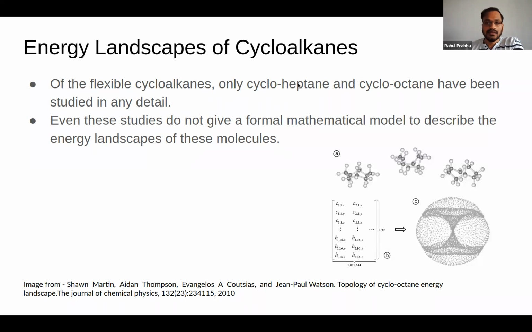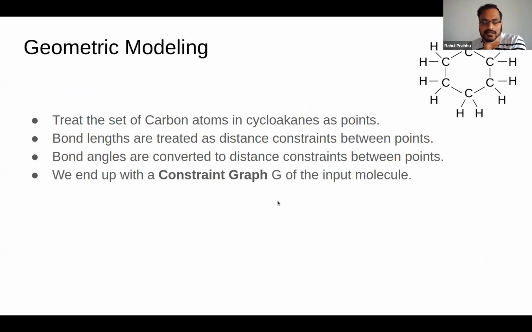So far in the literature, only cycloheptane and cyclooctane have been studied in any detail, and even these studies do not give any formal mathematical model to generate the configuration space. They are kind of ad hoc and focused on the particular cycloalkane they're looking at. So we use this idea of convex Cayley configuration spaces here.